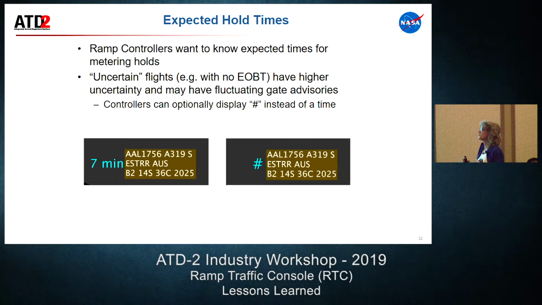Some controllers found that very irritating, so we came up with this hashtag symbol to show instead of the time. The hashtag symbol would display until the flight gets close enough to its time that the scheduler is going to be sending it a fixed TOBT time based on its projected time.